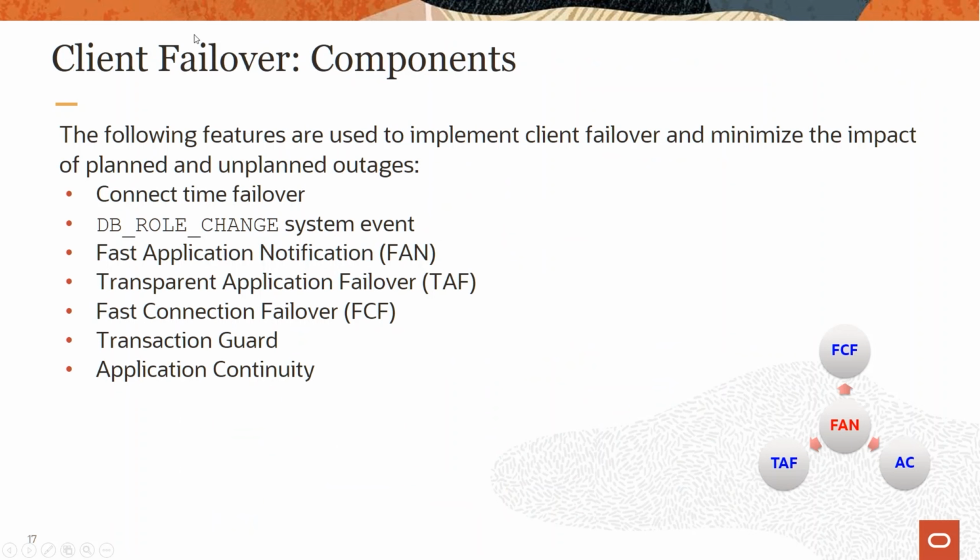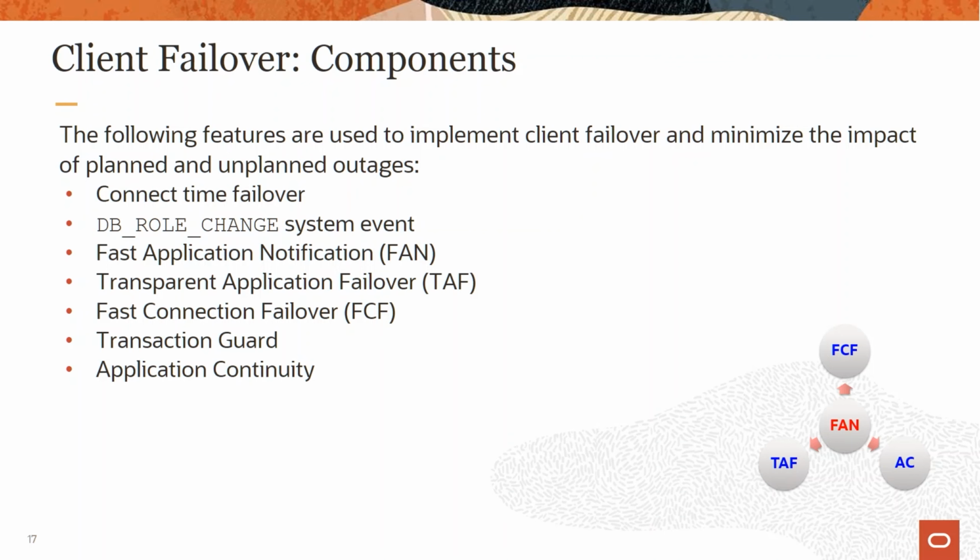So there are actually a couple of things that we have to know. In order to achieve automatic client failover, you will have to think about a couple of things. Client-side failover, meaning that just like the tnsnames example, list all addresses where the service can be running.